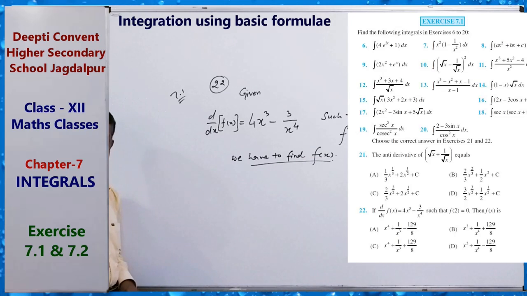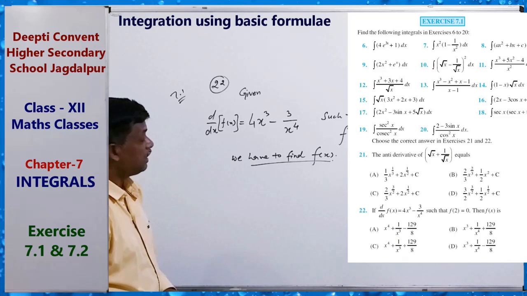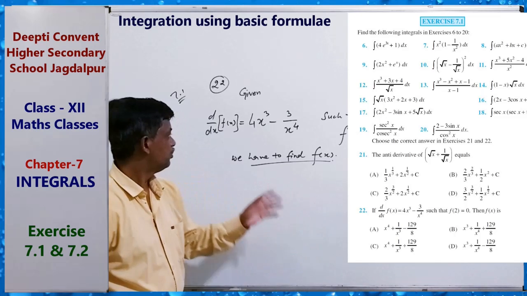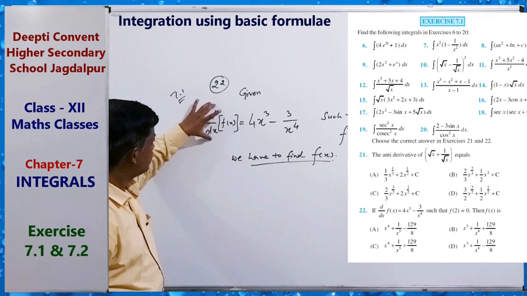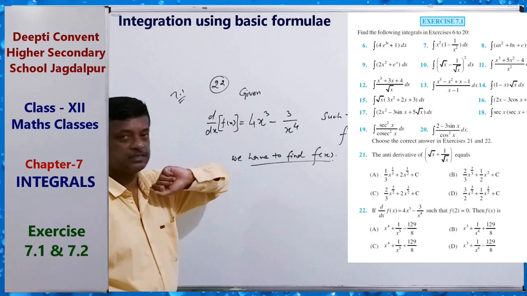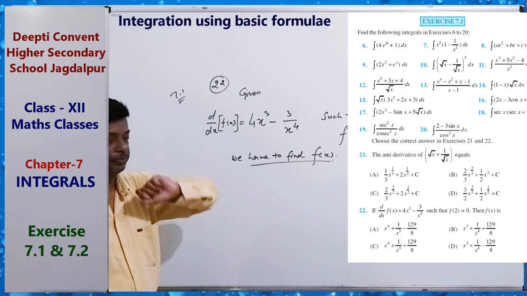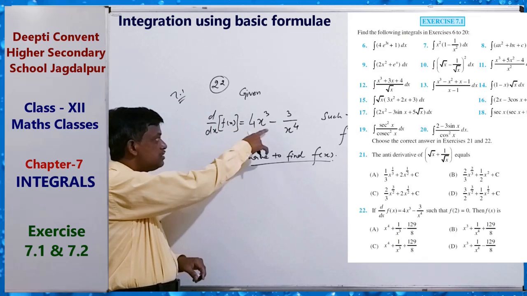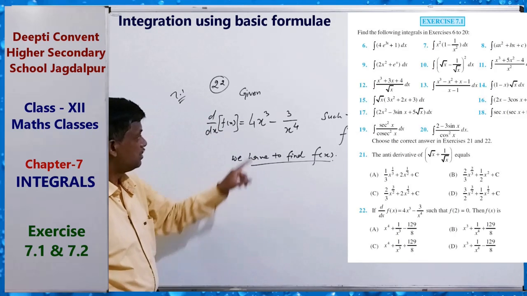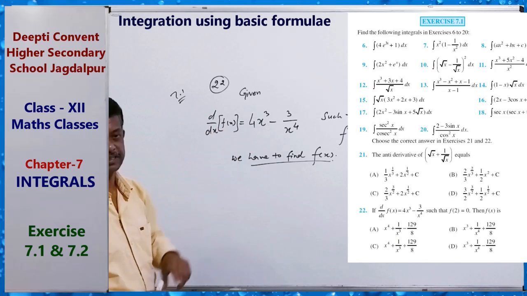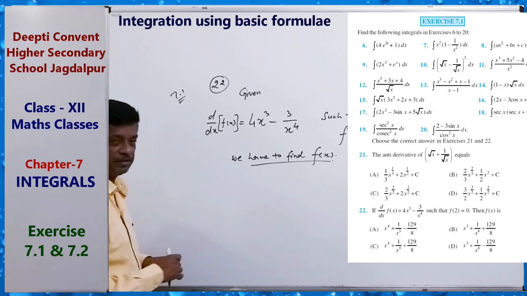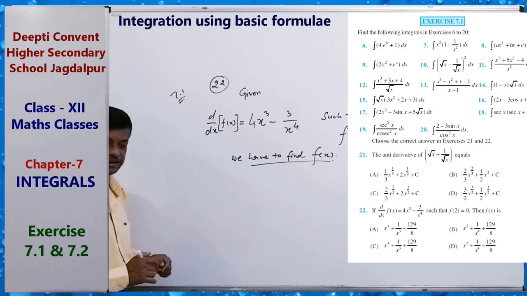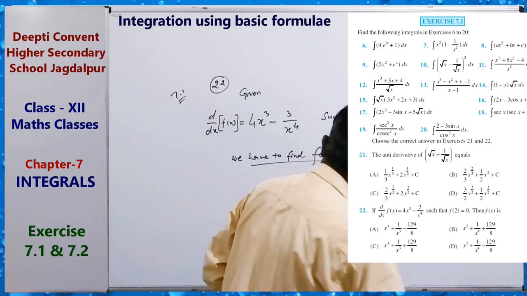Here, by the definition of antiderivative, we know the derivative d by dx of f(x) equals this. That means there is a function f(x) whose derivative is this. That is, its antiderivative is f(x). Okay, so we can write like this.